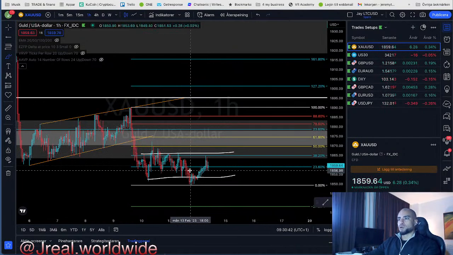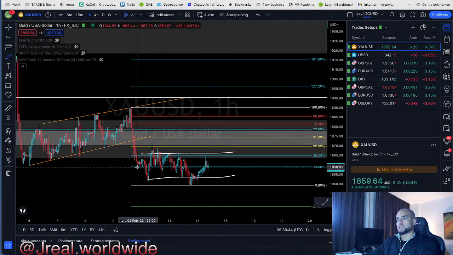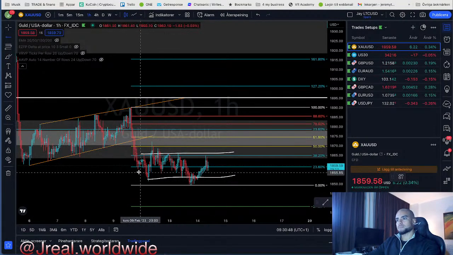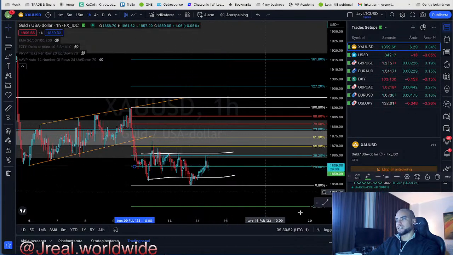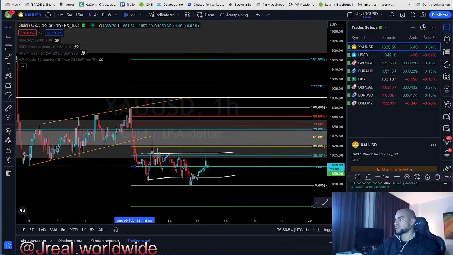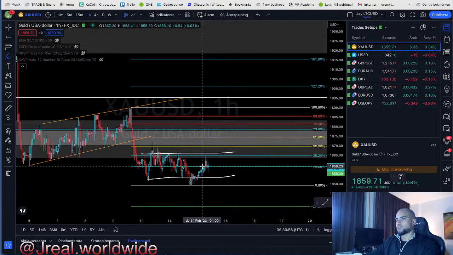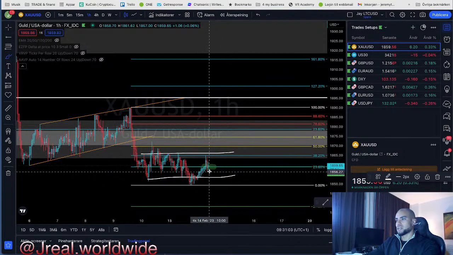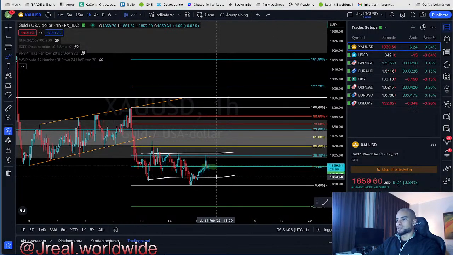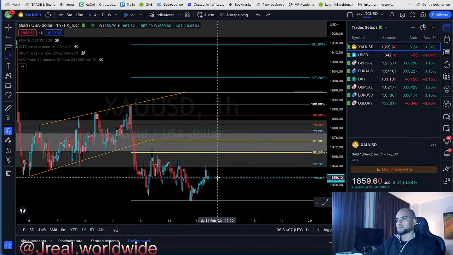So in other words, for gold, I don't see much right now. The only thing I see straight up is this. We have support here, and the market is testing it right now as we speak. We might break through, but if we break through for a sell, it's no big movements we are looking for.